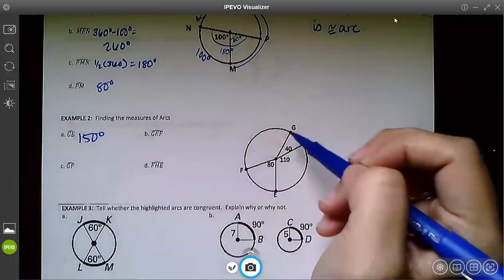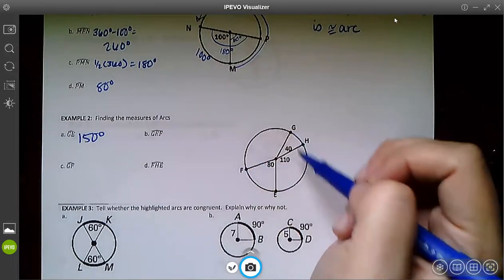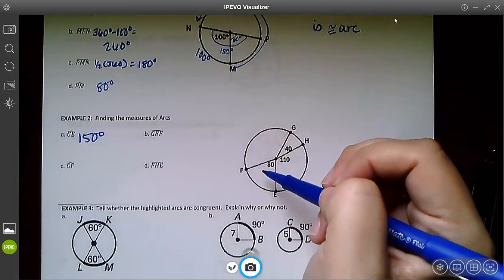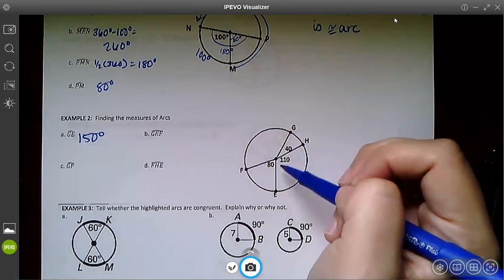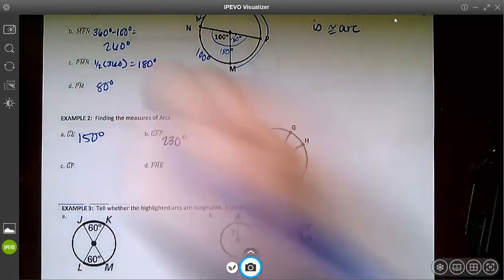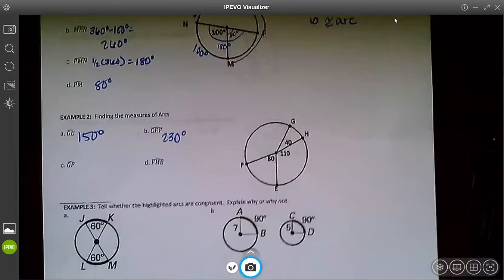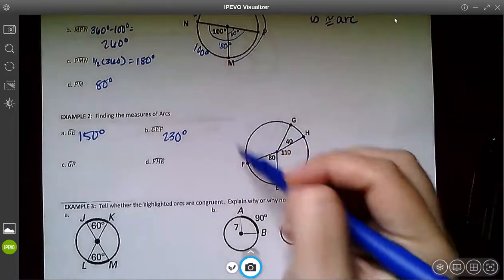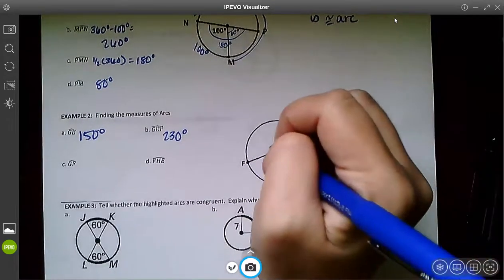GEF means I'm going from G to E to F, so that's going to be all of these. 150, because that's what this one was, plus that 80 is going to be 230. GF is going to be the shortest distance from G to F, so that's this angle here.